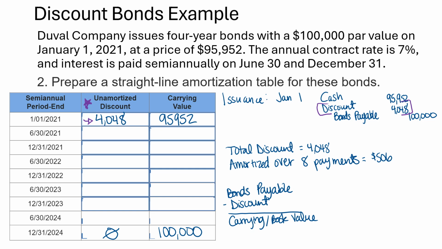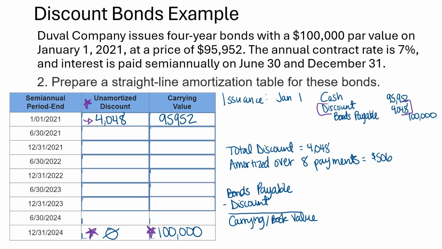So that $4,048 is the amount that will be amortized or allocated over each of those semi-annual interest payment journal entries. So each time we do that, the unamortized discount amount will decrease a little more and more, until the unamortized discount amount equals 0. So we will fully amortize that. While that is happening, the carrying value is also getting closer and closer to face amount.